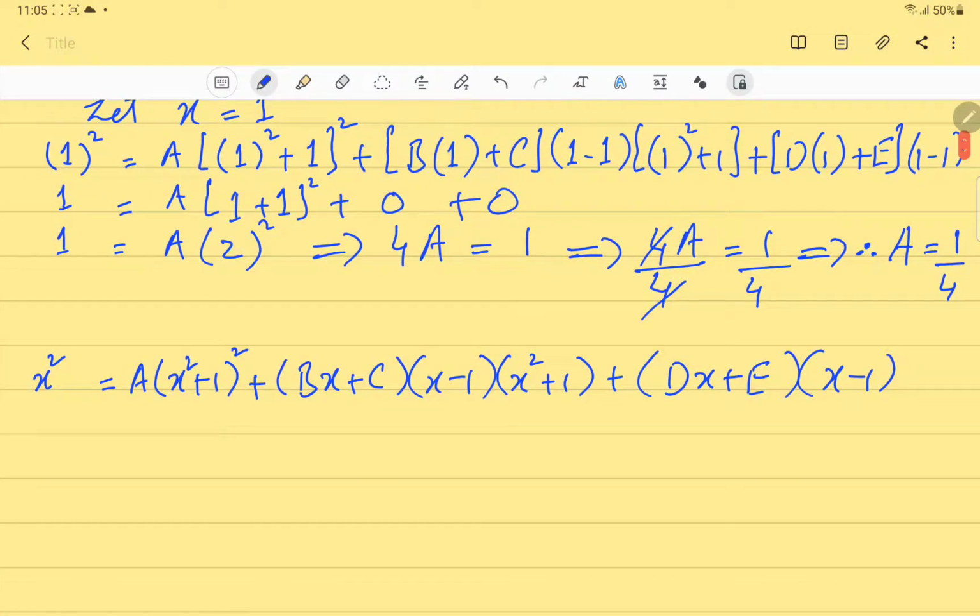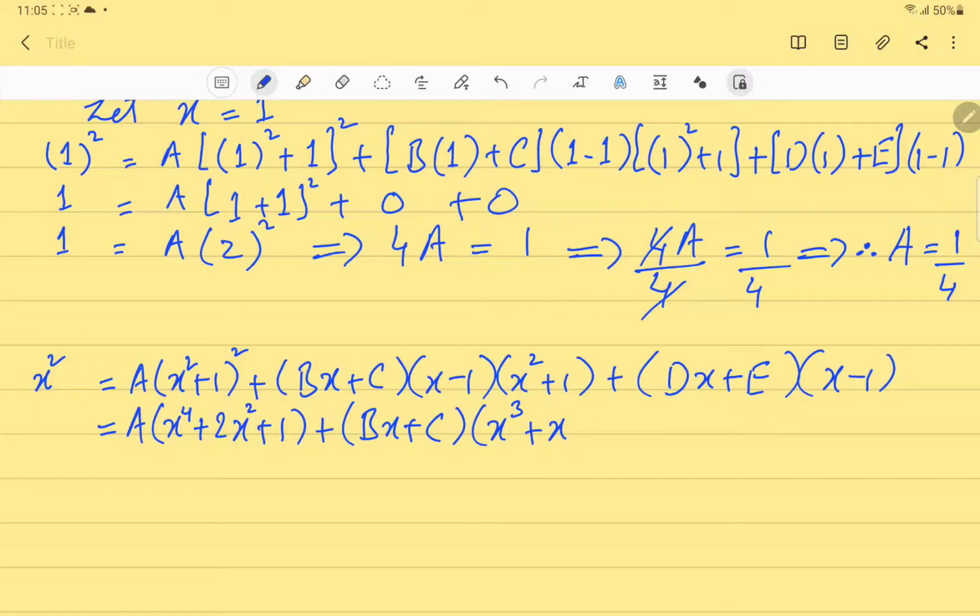Let us simplify it. Let's open this bracket first, which is a square. So x to the 4 plus 2x squared plus 1. bx plus c, now we will multiply this one, x cube plus x, then minus x squared minus 1, plus dx squared minus dx plus ex minus e.